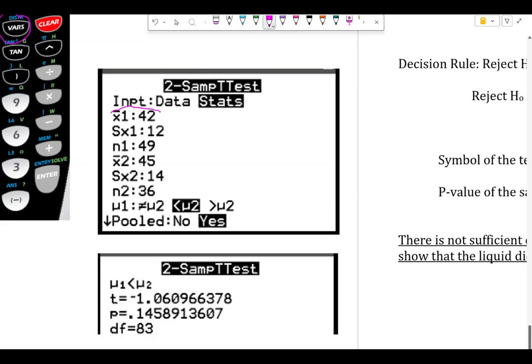This would be the powder diet. This would be the liquid diet. We want it to be less than, we want it to be pooled, as we talked about before. We'll get a t-score of negative 1.06 and a p-value of 0.1459, rounding.